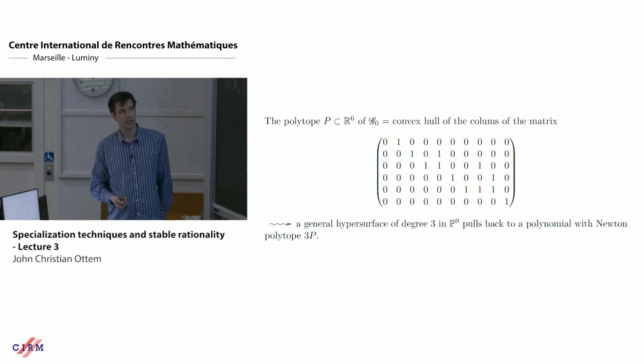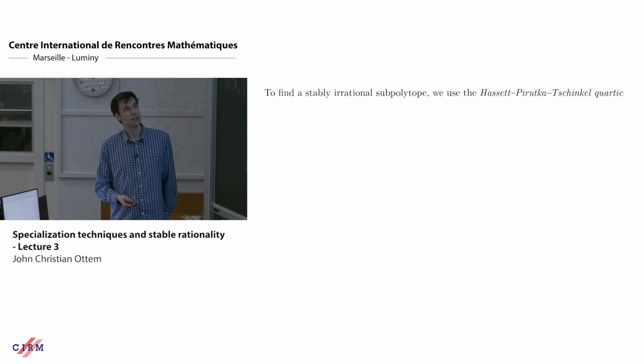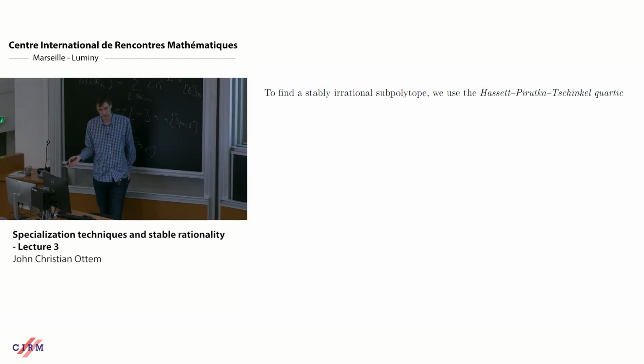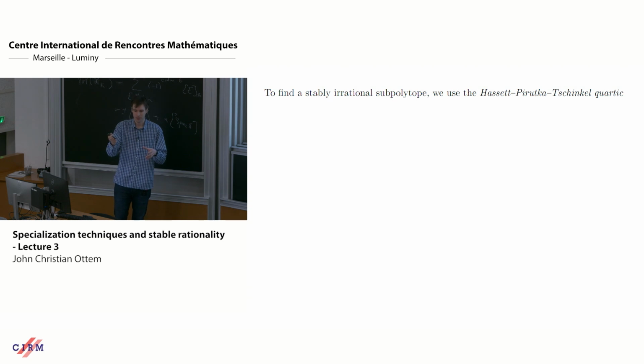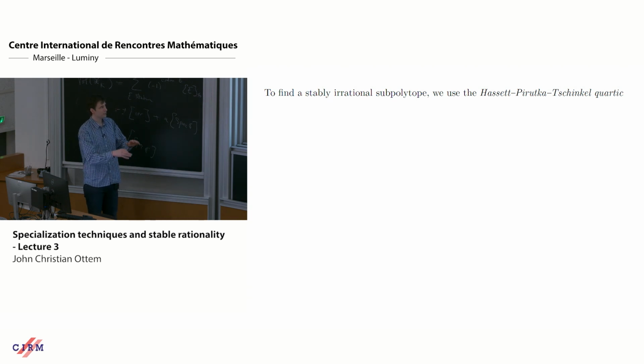But then what we want is to prove that this polytope here contains lots of irrational subpolytopes. Like if you want to prove that a cubic intersected with the Grassmannian is irrational, you basically need to show that this is an irrational polytope. One has to worry a little bit about singularities in this example, but yeah, one just checks that.